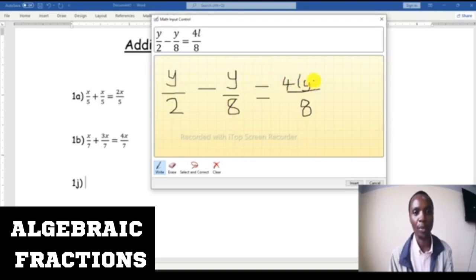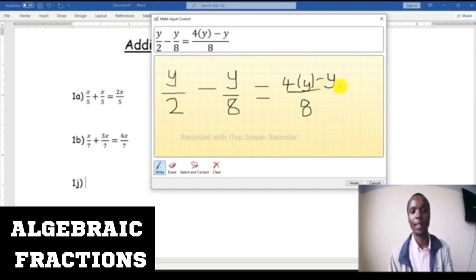So 4 bracket y, we maintain this minus, and then 8 into 8 is 1, and 1 times y is simply y.